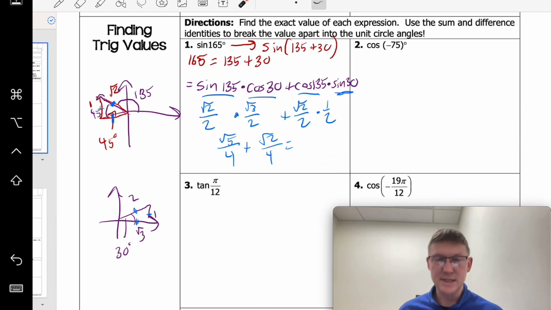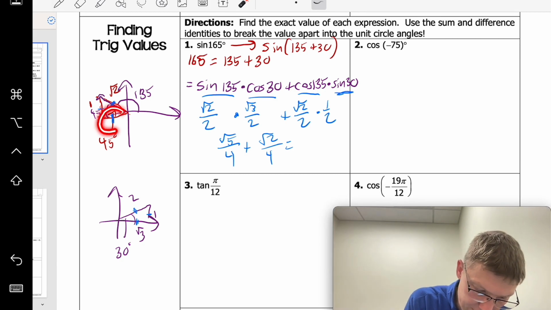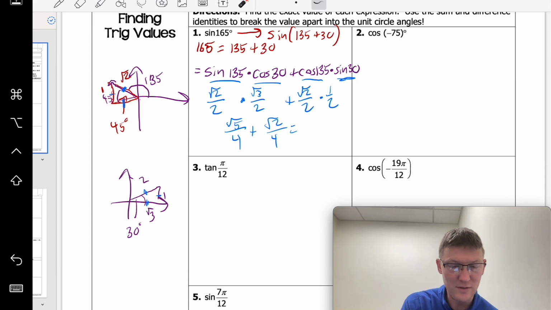Okay, so I made a mistake here, and it's a mistake that we're all going to make a dozen times, so I didn't correct it because I wanted everybody to see it. So when I took the cosine of 135, we are over in this quadrant. And we're doing this one adjacent over hypotenuse. This is a negative value because it's on the negative side of the x.